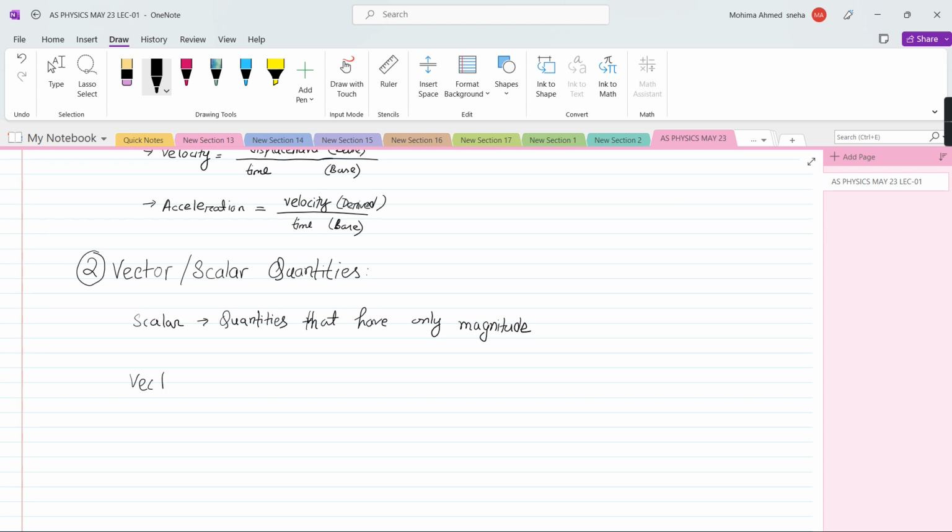And for vectors, the plain definition is quantities that have both magnitude and direction.